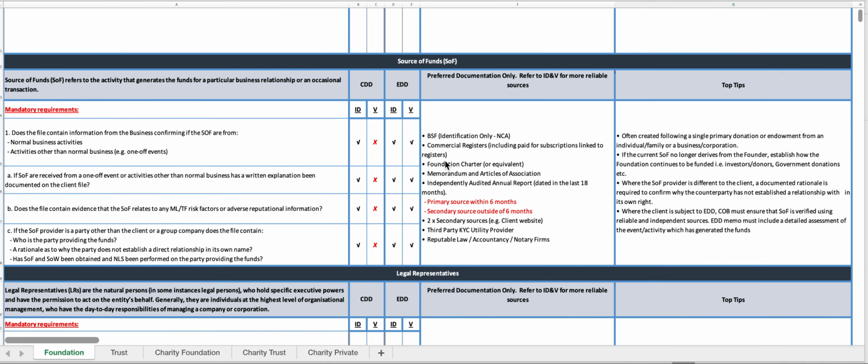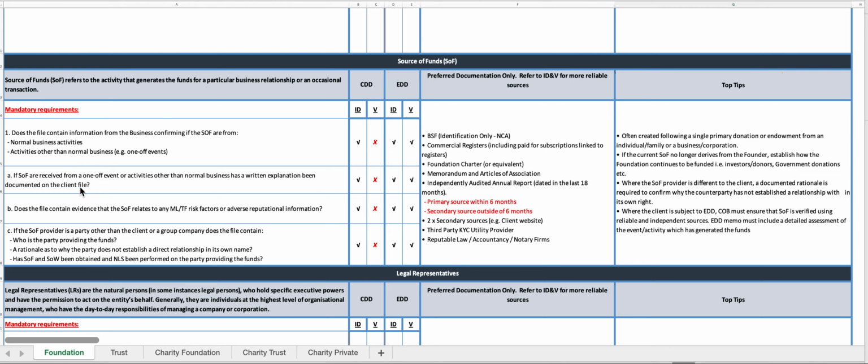Source of funds. So basically here for CDD it is not required, but for EDD it is required. For verification and identification, it is required for CDD and EDD. Does the file contain information from the business confirming the source of funds? And this is usually normal business activity or activities other than normal business, i.e. a one-off event.